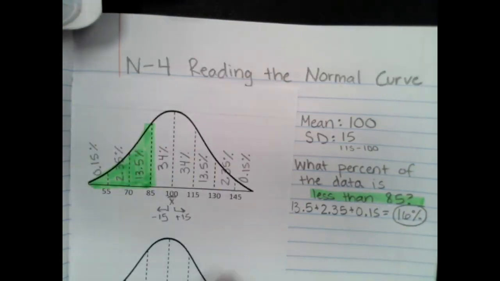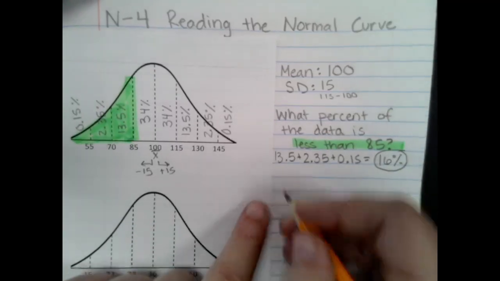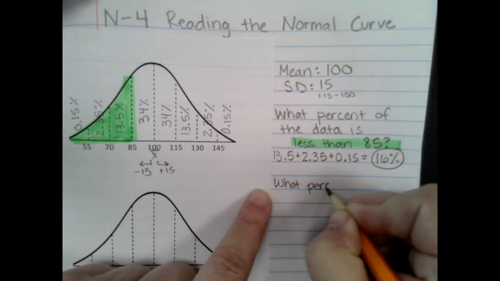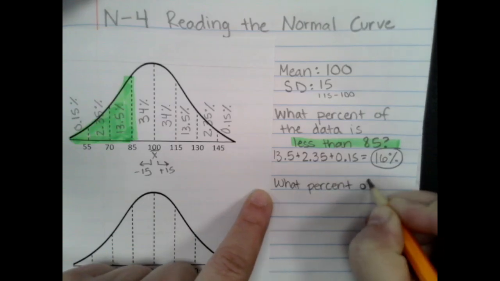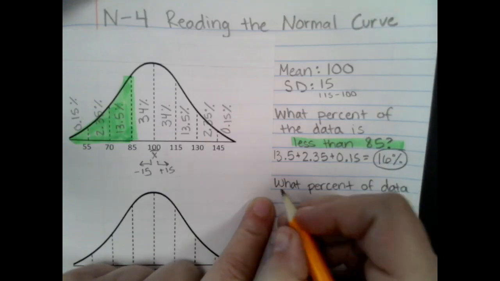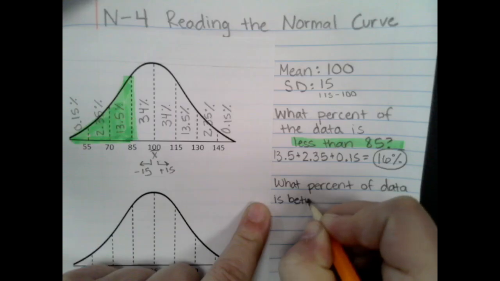We're going to do one more with this one before I go to the next. Okay, we're going to ask what percent of the data is between 100 to 130.